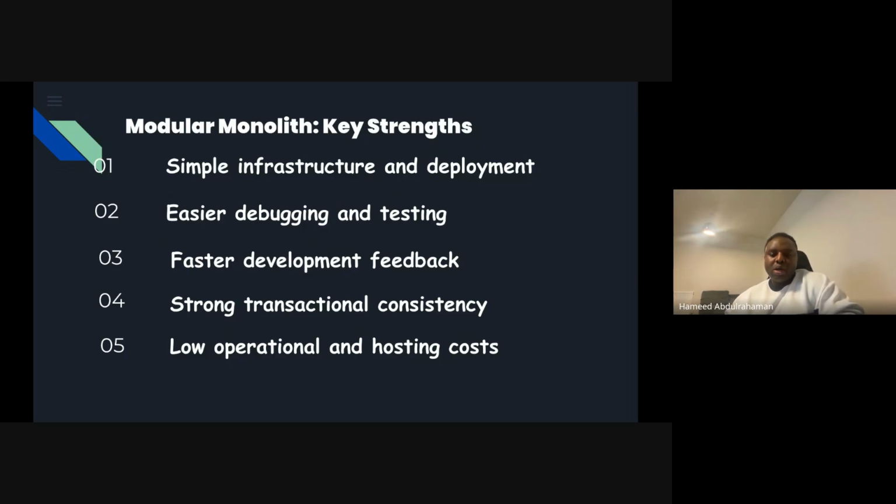And also strong transactional consistency. This is very, very important, especially in fintech or finances, whereby it's very important to have consistency in data across your database.